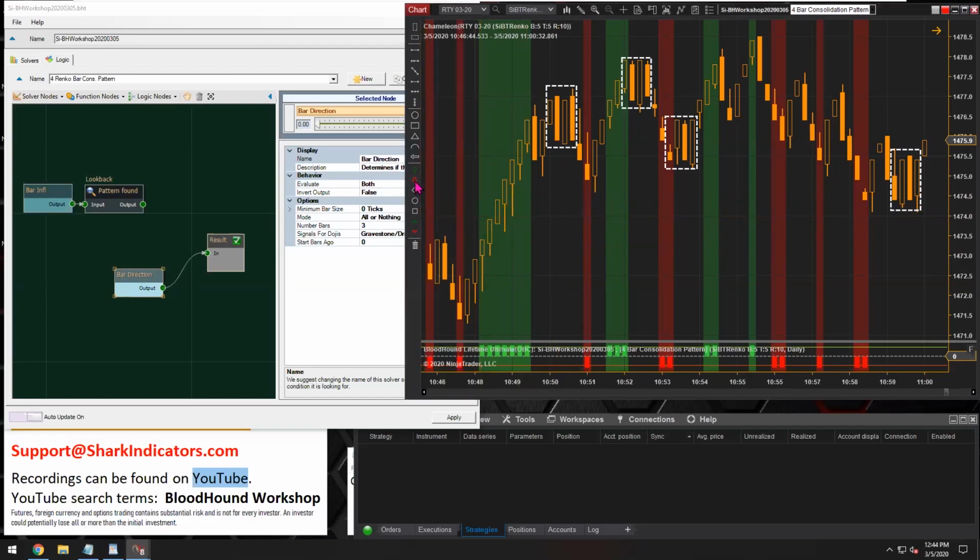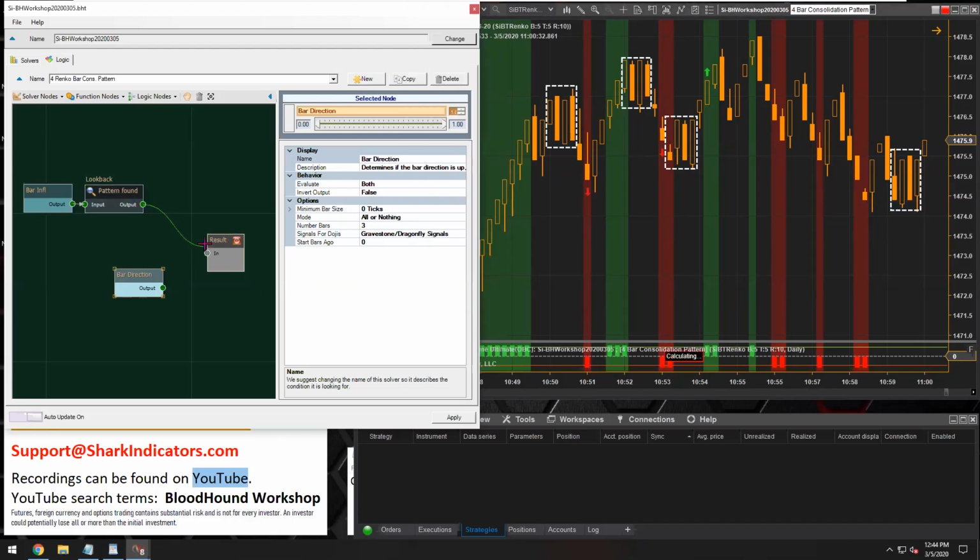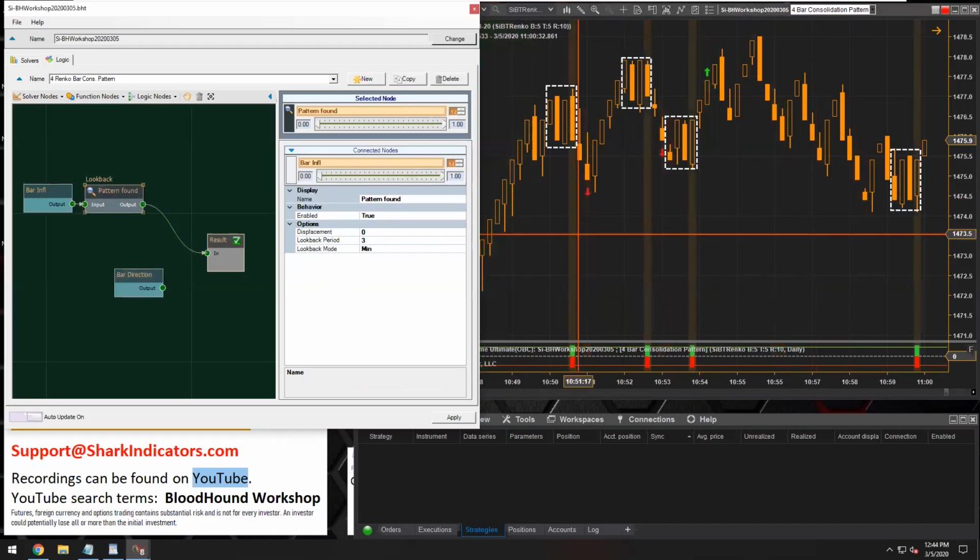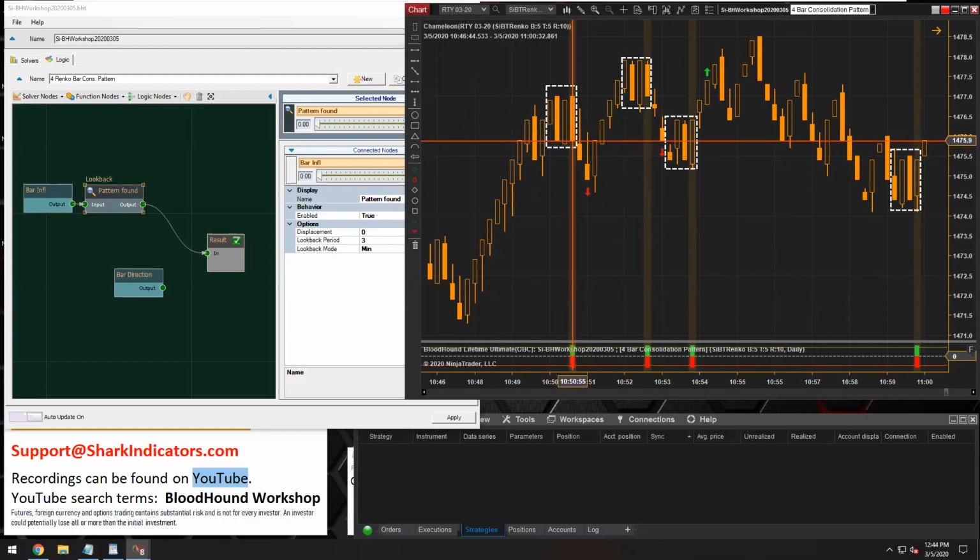So I've got the bar direction right there. I'll put these arrows here identifying the bar direction. And now let's go back to our look back node, which is finding the pattern.